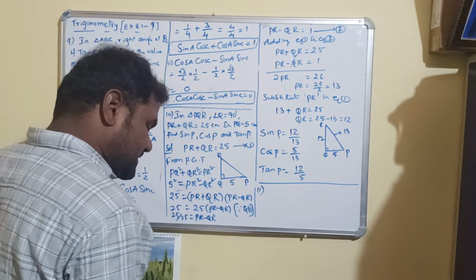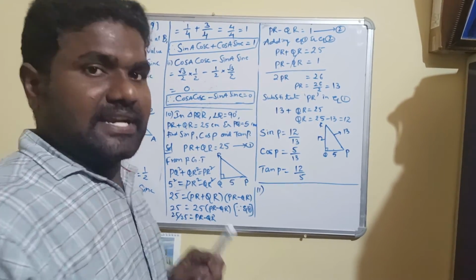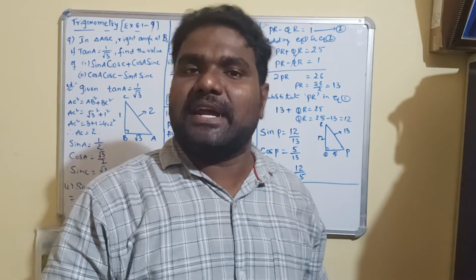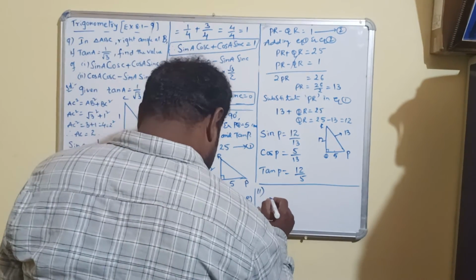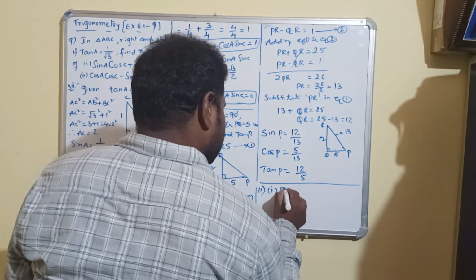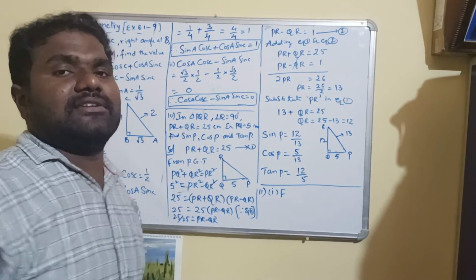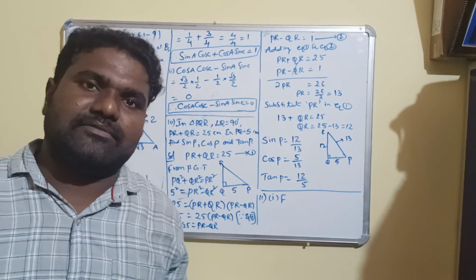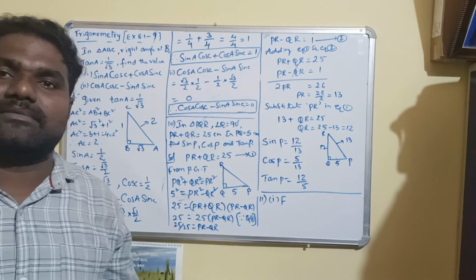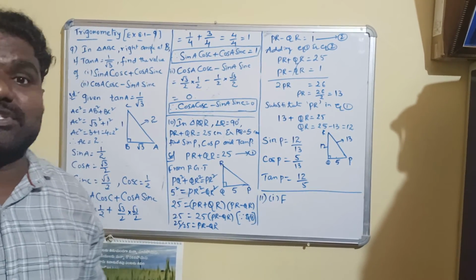Therefore, always less than 1 is false. Tan A value might be less than 1 or might not. Sometimes less than 1, sometimes greater than 1, sometimes equal to 1.